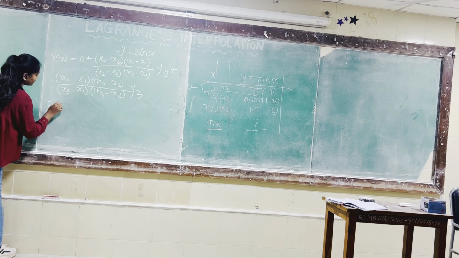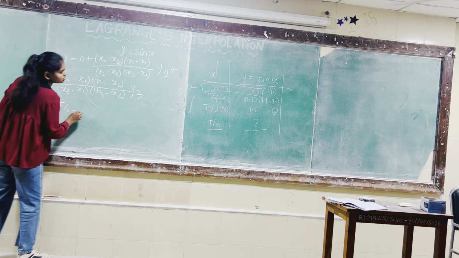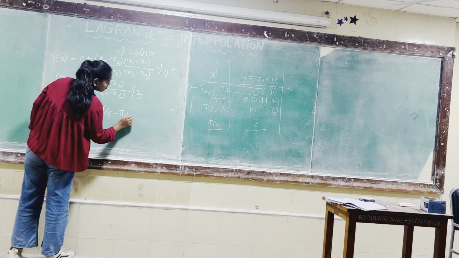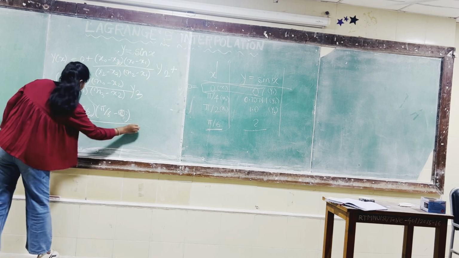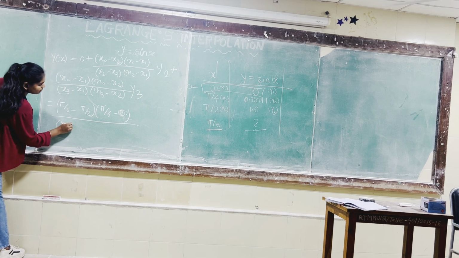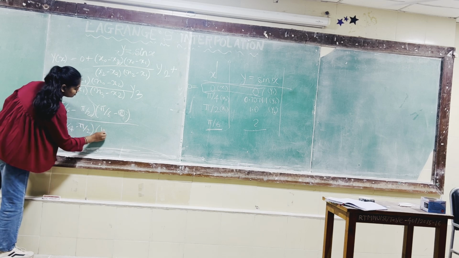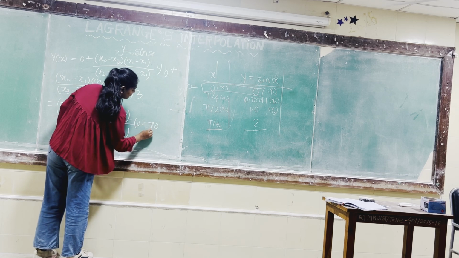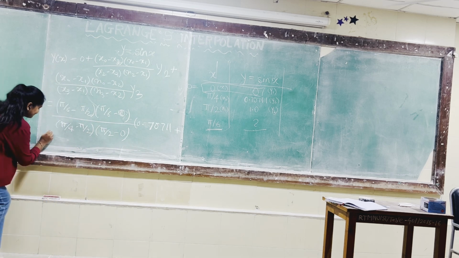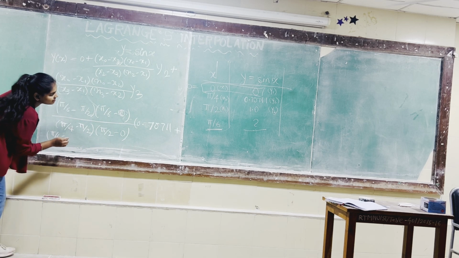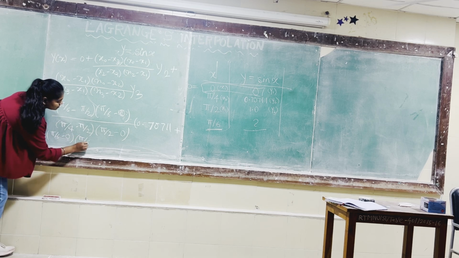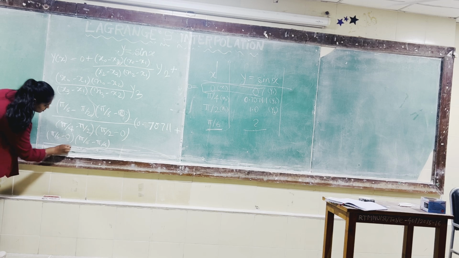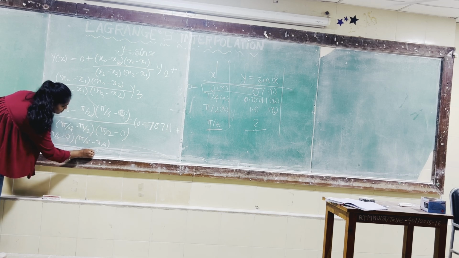After putting the values we get (pi by 6 minus pi by 2)(pi by 6 minus pi by 4) upon (0 minus pi by 2)(0 minus pi by 4) into 0, plus (pi by 6 minus 0)(pi by 6 minus pi by 4) upon (pi by 2 minus 0)(pi by 2 minus pi by 4) into 0.7071, plus (pi by 6 minus 0)(pi by 6 minus pi by 4) upon (pi by 2 minus 0)(pi by 2 minus pi by 4) into 1.